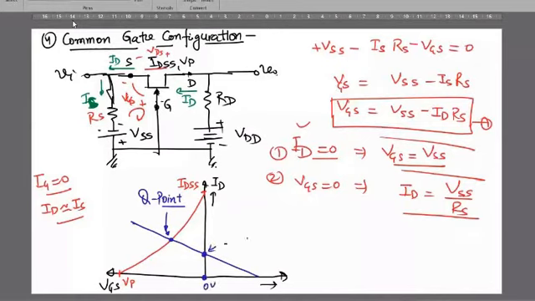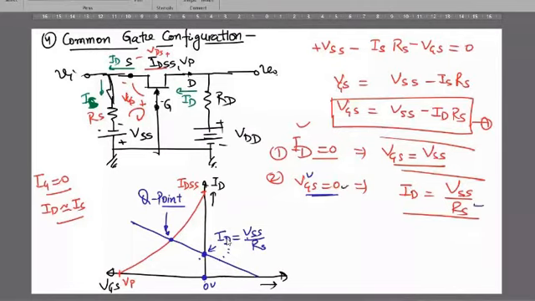ID equals VSS over RS. So you see this is the second condition. Whenever VGS equals 0, ID equals VSS over RS. So whenever VGS equals 0, you achieve this point here.